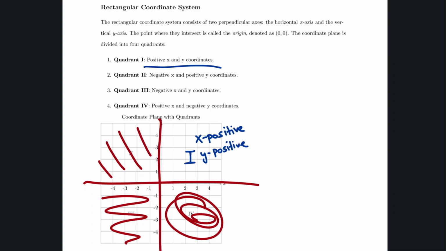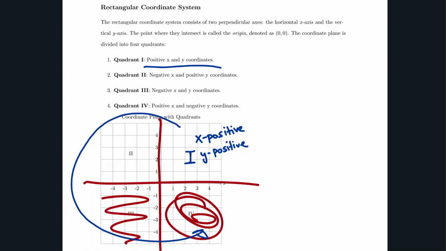Now in quadrant 2, as we're labeling it, we go counterclockwise, so we go from 1 all the way around. So quadrant 2 in Roman numerals has x coordinates negative and y coordinates still positive, as stated here. Now quadrant 3, which we label in Roman numerals, give yourself a minute and think, how would you describe its x and y coordinates?